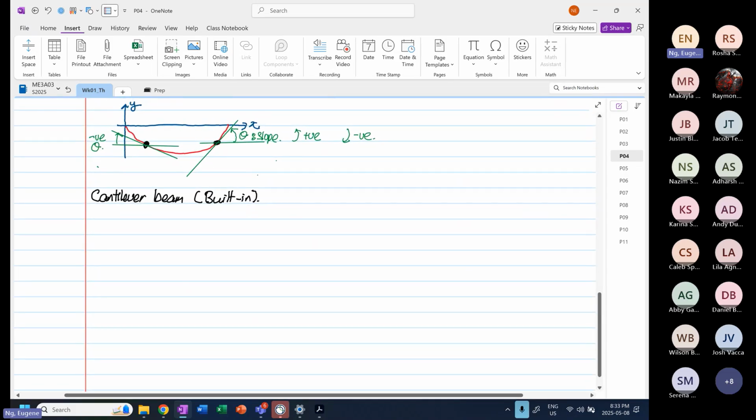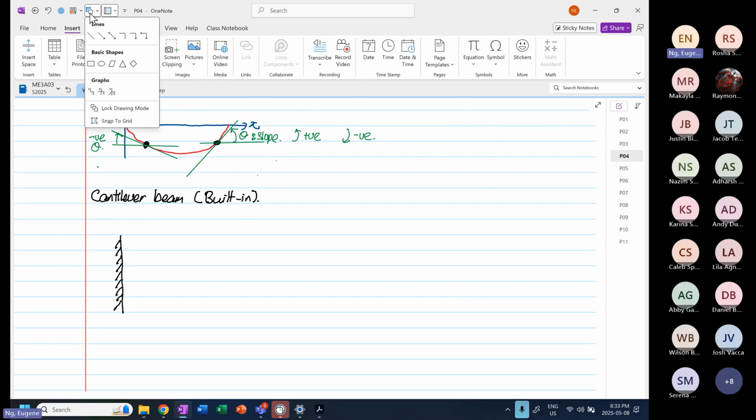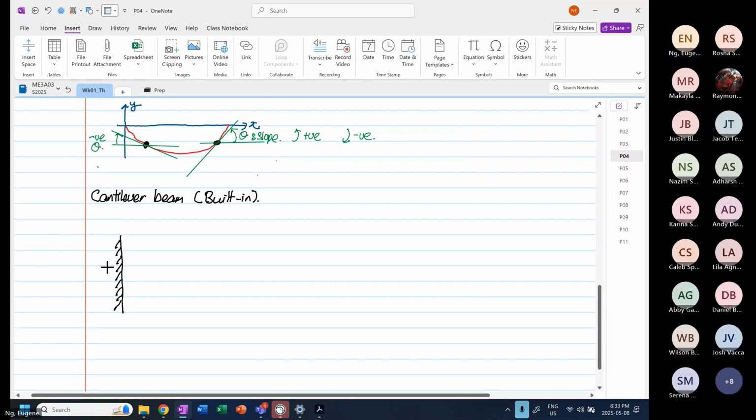So how does this actually look? It will have a wall, and the beam is built into the wall.